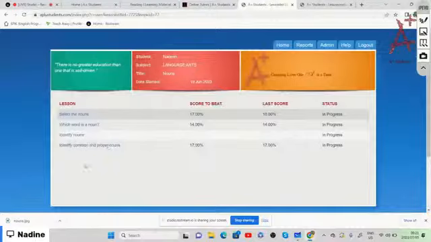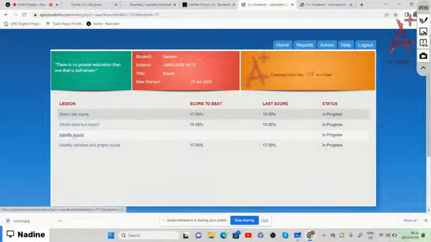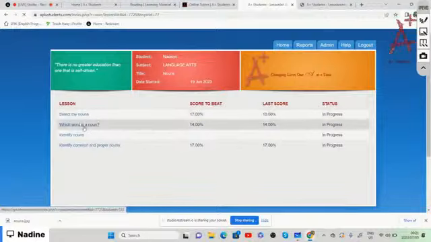All right, so if we go back to our lessons, now we're going to go to the next one that says, which word is a noun? We selected different nouns and we also said what a noun is. A noun names a person, a place, an animal, or a thing. So now we have to identify which word is a noun.